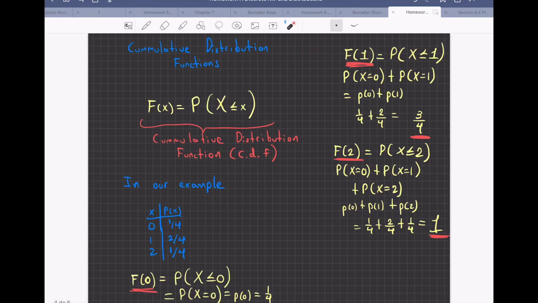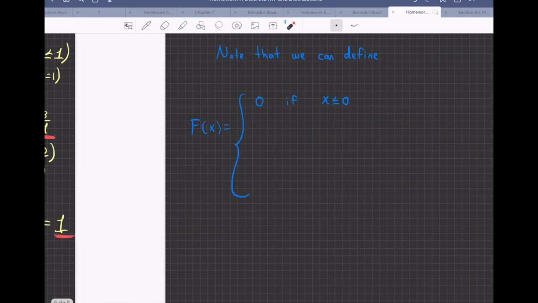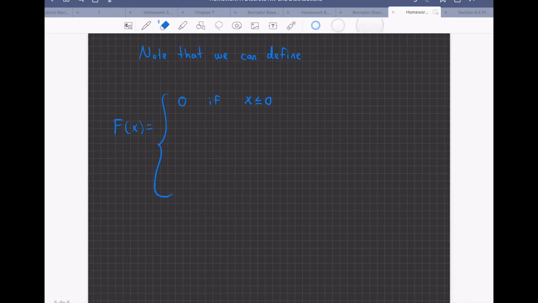The next value is 1/4. Oh no, I'm sorry, not less or equal, strictly less. I'm sorry.